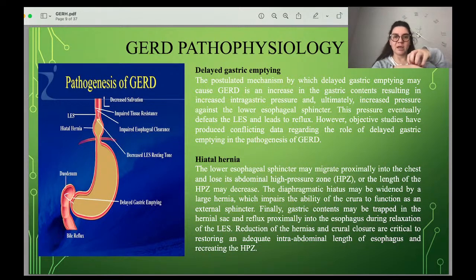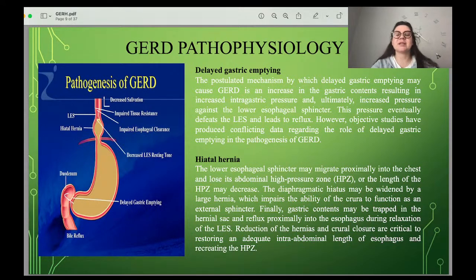In case of hernia, it goes upper with a part of stomach. That's why this junction is not obstructed. It widened, and without this sphincter, gastric contents can regurgitate to the esophagus.